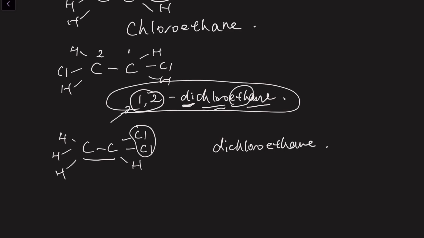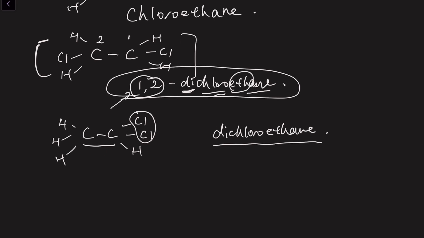We cannot just write dichloroethane, which would be incorrect, because the chlorine atoms can be placed on either side of this molecule, or on one side of the molecule. So the positioning, you may say, could be 1,1-dichloroethane or 2,2-dichloroethane. But as we have discussed in the previous video, we want to make the number as small as possible. So we choose 1,1-dichloroethane.